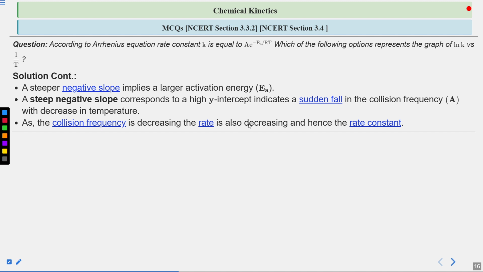Okay, so this is the whole explanation for identifying the correct graph of ln k versus 1 by T, or understanding the graph between ln k and 1 by T, which we are getting from this Arrhenius equation, k is equal to A e to the power minus Ea by RT.